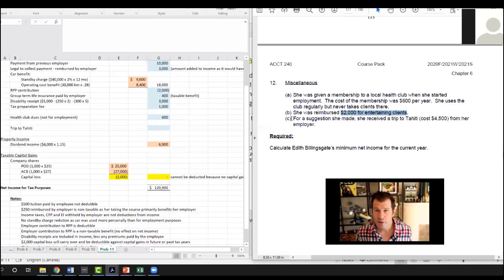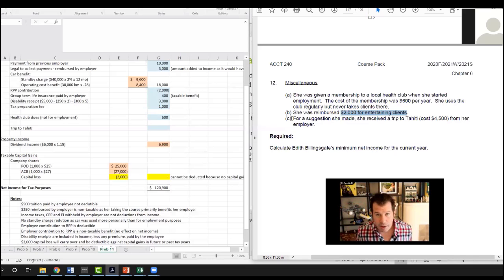Take the clients out to axe and grind and throw some axes. Okay. And then go and take them out for drinks after, not before you throw the axes, after the axes. And let's say the bill for that evening comes to $2,000. Great. And then Edith is like, I'm paying the $2,000. All right. And then the employer's like, hey, how much did it cost, Edith? And she's like, $2,000. And they're like, okay, here's $2,000.